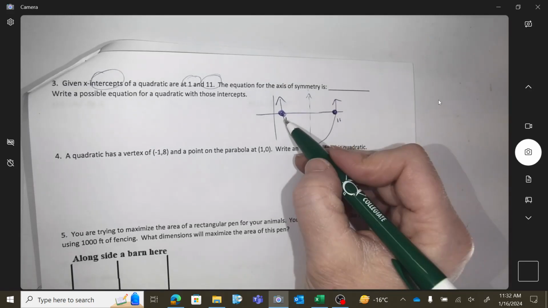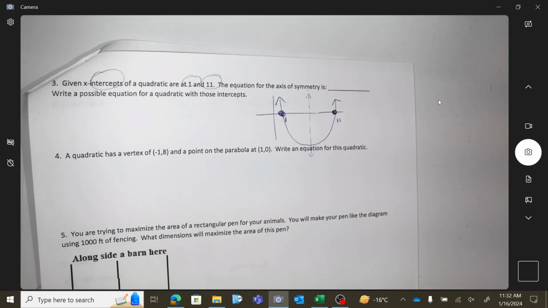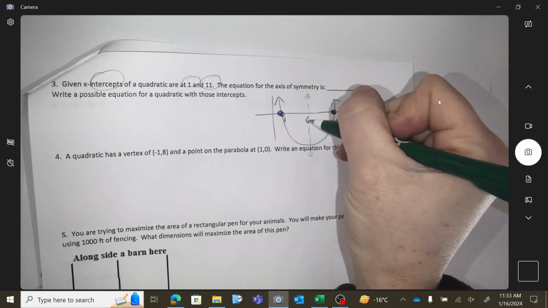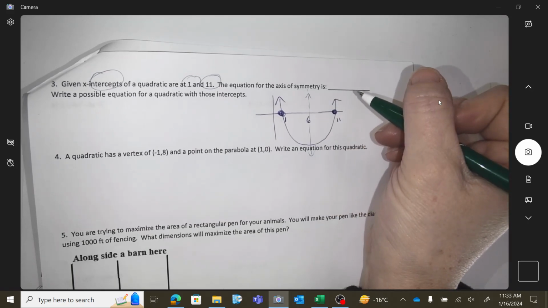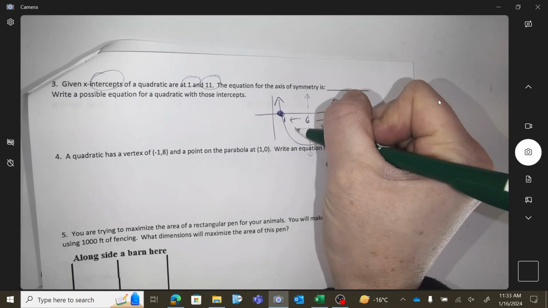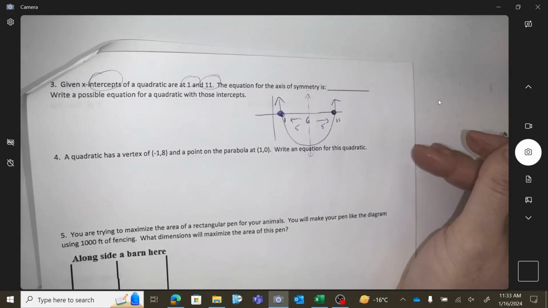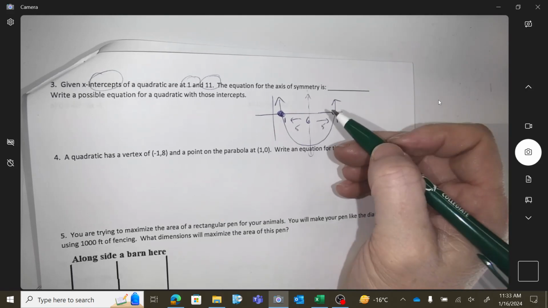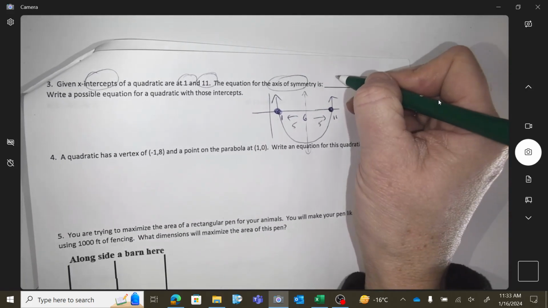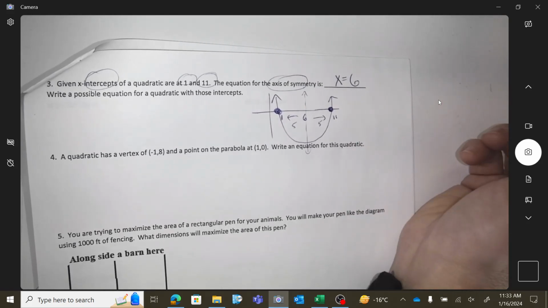Could we agree that it would be halfway, the middle? So I'm trying to figure out the middle of 1 and 11, which is 6, right? 5, 5. Okay, but what is the answer here? What's the axis of symmetry? X equals 6.